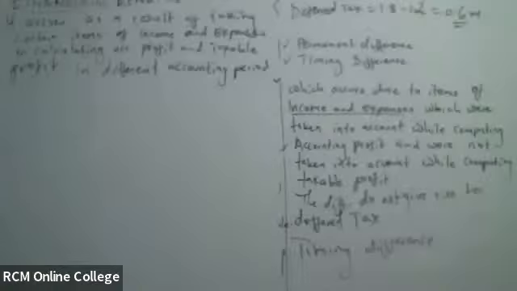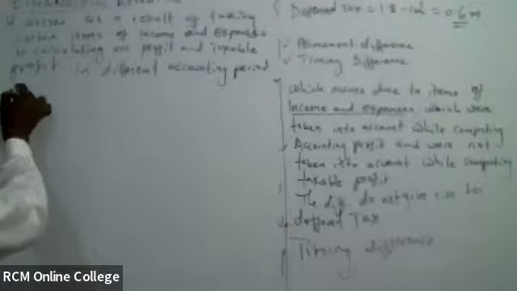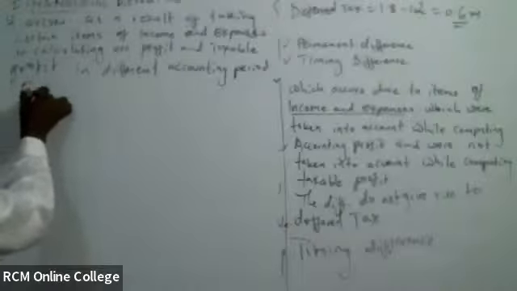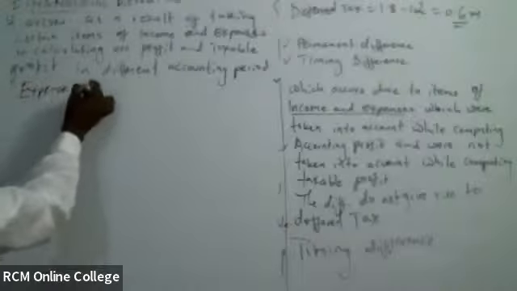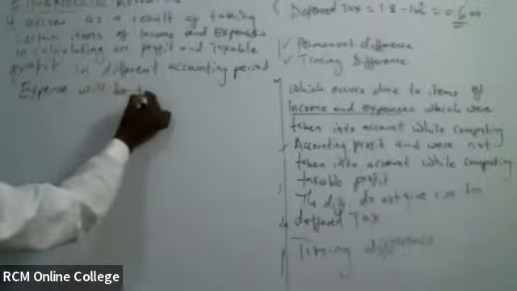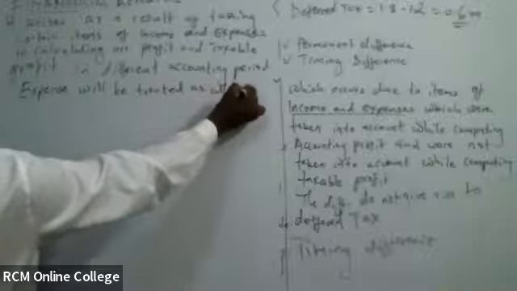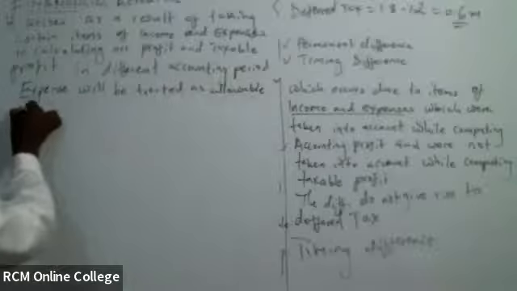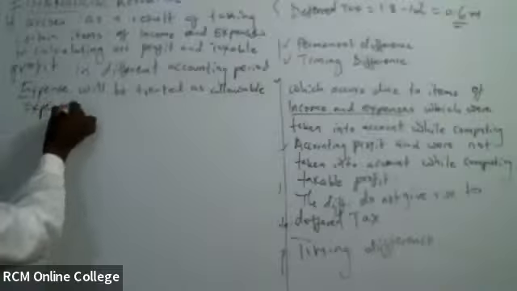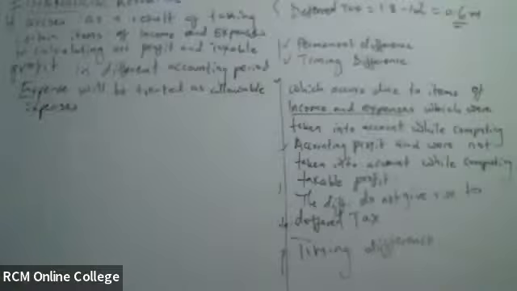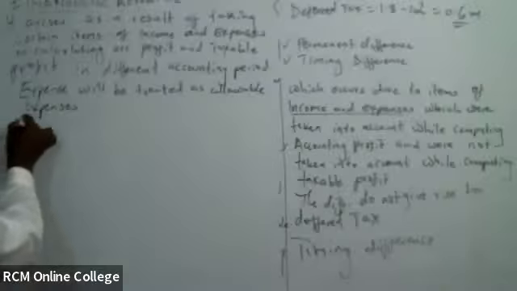At this point, the expense will be treated as allowable expenses. The difference will reverse from year to year.